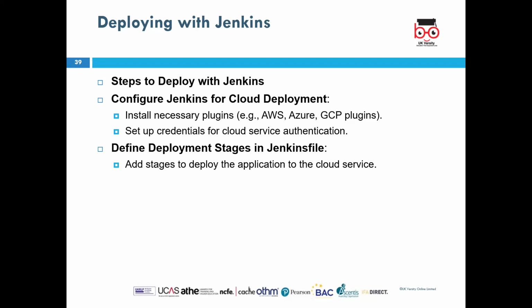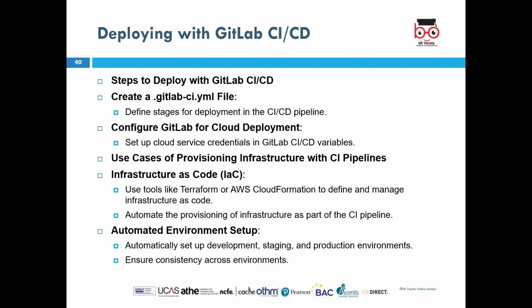We now have to define our deployment stages in Jenkins, where we're going to add stages to deploy the application to the cloud service. We'll obviously have to create our file, which will go with the GitLab extension. Then we're going to configure our GitLab for cloud deployment.